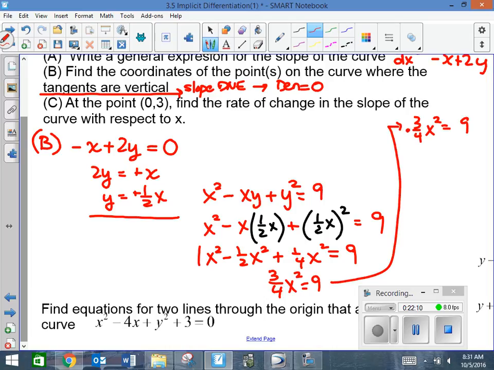So multiply by 4/3. So x squared equals 12, x equals plus or minus radical 12. If you want to simplify that, that's fine, but you don't have to.